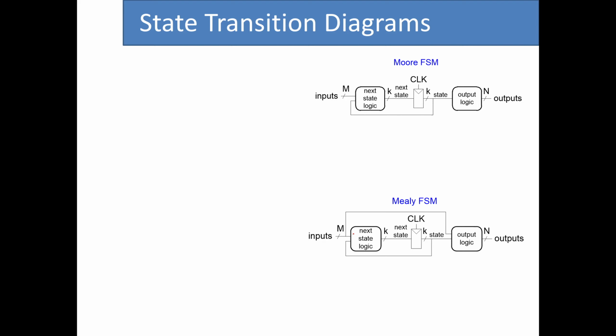So for example, if you provide the input yourself at different times, since we don't have any control over the time that the input is being provided, the output logic can change accordingly as well. While for the Moore FSM, to change the output, the only path was going through the input, the next state logic unit, and the register, which was synced with the clock. While for the Mealy FSM, there are two paths that can change the output.